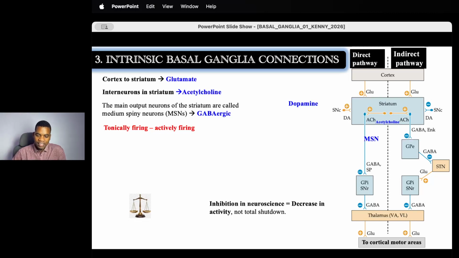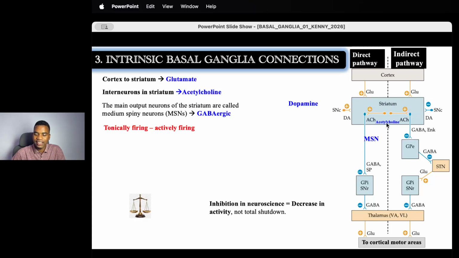Number one, the cerebral cortex uses glutamate as a neurotransmitter. And we already said that glutamate is an excitatory neurotransmitter, but the interneurons within the striatum are using acetylcholine as a chief neurotransmitter, and acetylcholine is also an excitatory neurotransmitter.